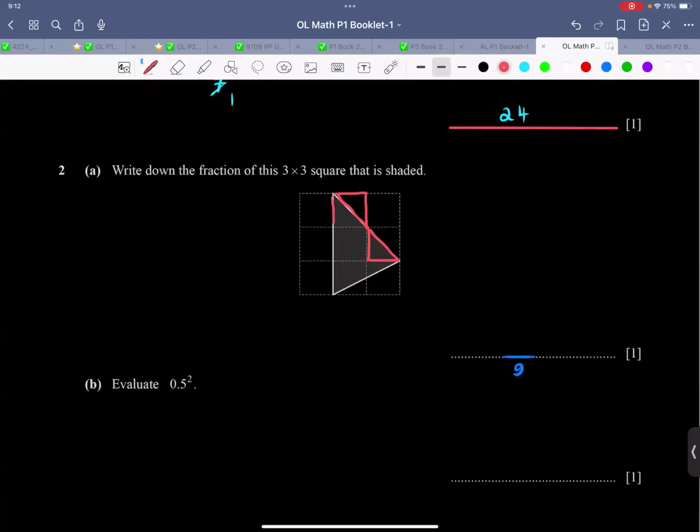So this will become 1 full square. So this is used up. This is another full square. And over here, this small triangle is basically this one. So now we have 3 full squares. Ignore this. So this is 1, this is 2, this is 3, 3 over 9. That is the fraction of the 3 by 3 square that is shaded. I can even write this thing as 1 over 3.